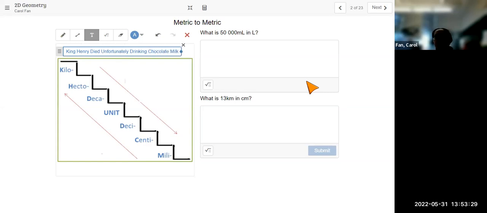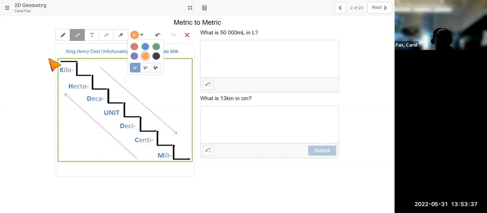Now, this silly acronym is out there because each one of these letters represents the beginning letter of the prefixes. So we have K for king, that's for kilo. Then we have hecto, deca. We have the main unit.